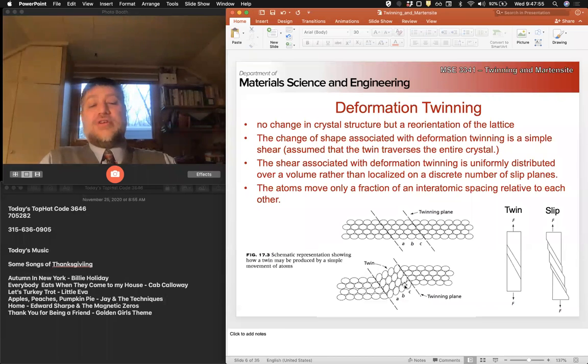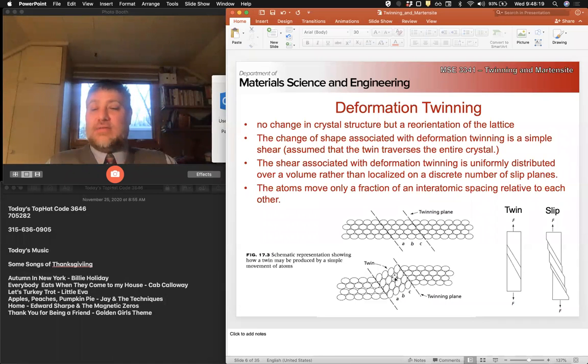We have a large amount of macroscopic deformation. But this atom, right, this one here, in this B plane, it's still surrounded by all of the same neighbors. And its neighborhood still looks exactly the same. It's just been rotated. Right?